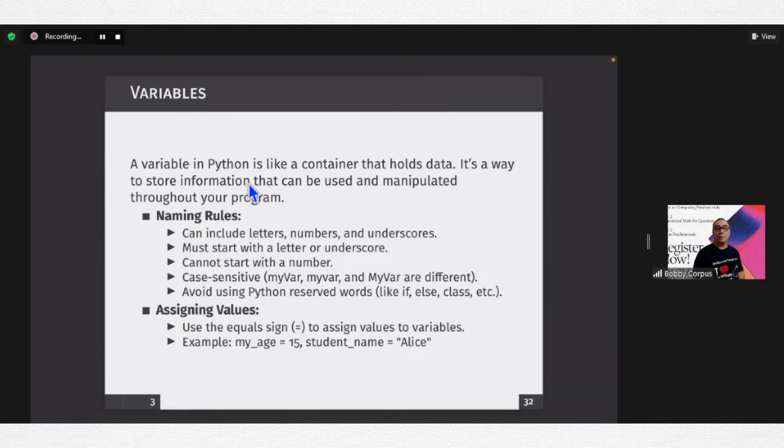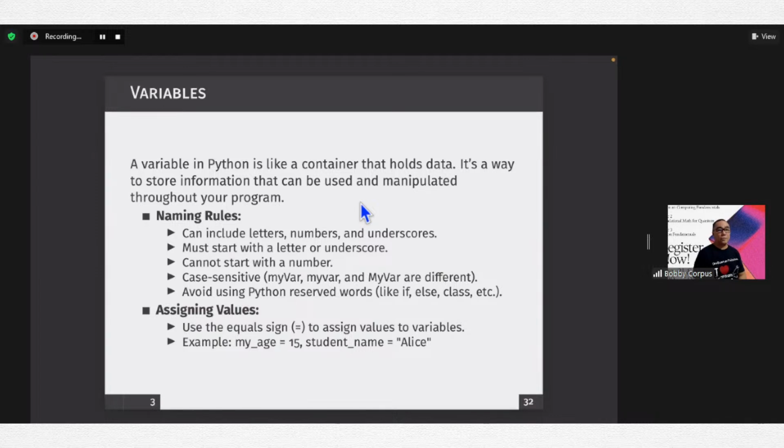So we start with variables. Yeah, so sa Python, naming convention, no? We can use numbers, letters, underscores, pero our variables cannot start with a number. But we can start with a letter or an underscore. Tapos case sensitive siya, no?